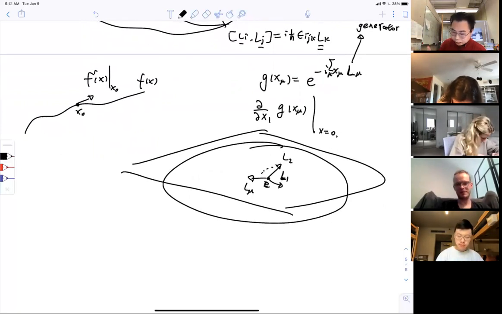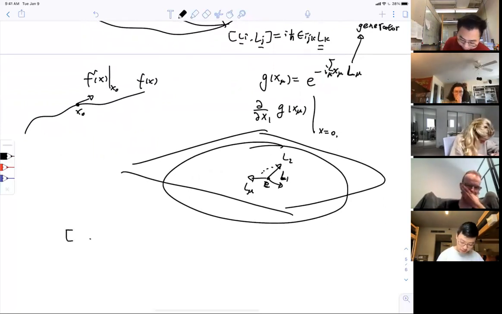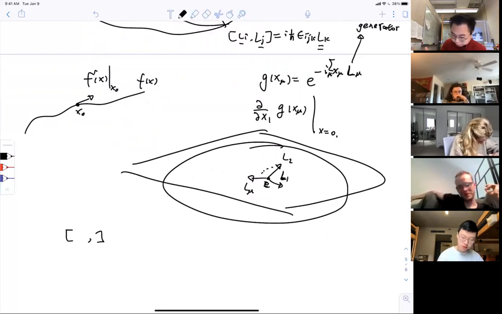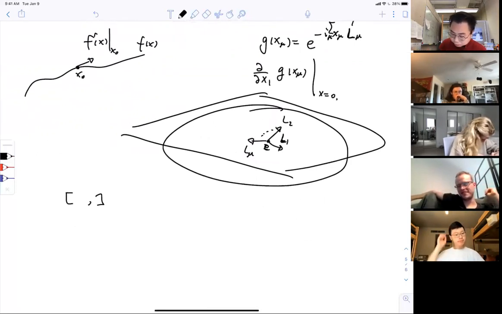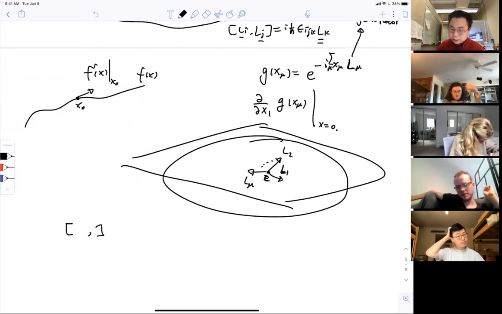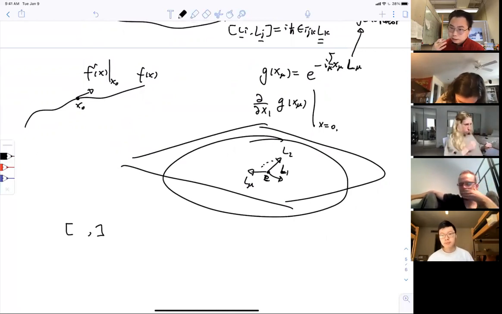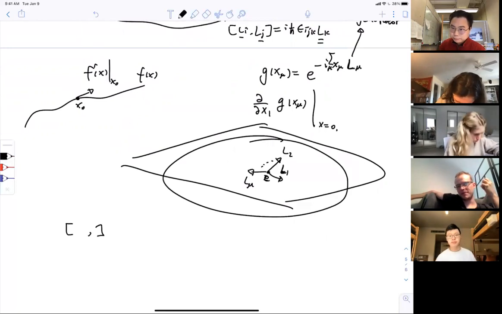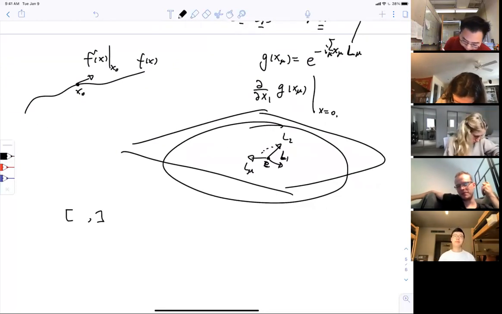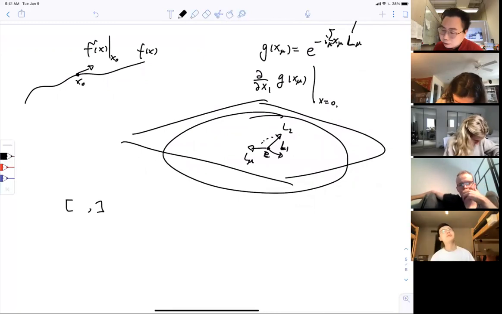Now you may ask, where does the Lie bracket come from? So far, we only use the property that the Lie group is a manifold, right? We haven't talked about what the group structure can bring us, right? So let's look at the group structure.